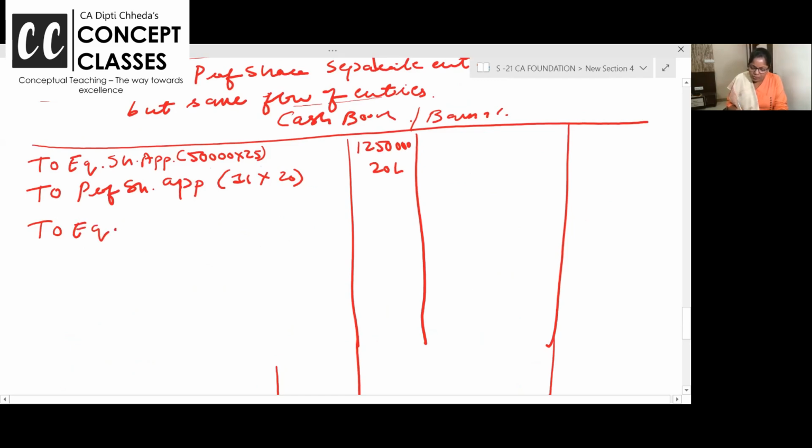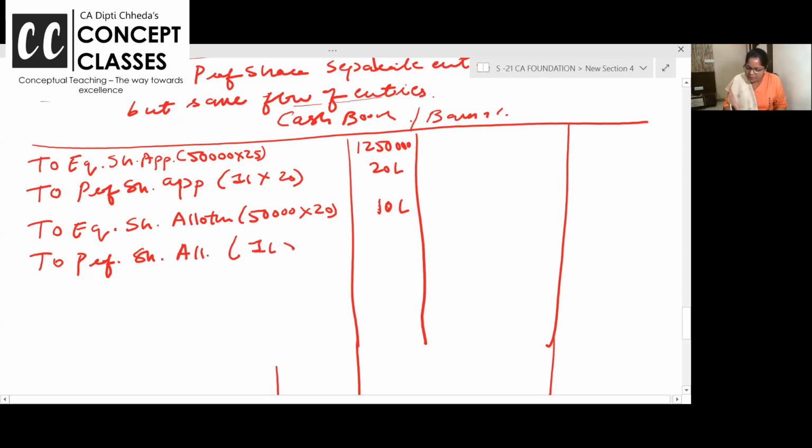Bank account debit to equity share allotment account. 50,000 into 20, 10 lakhs. You can also write EQ and all. Flow is important.